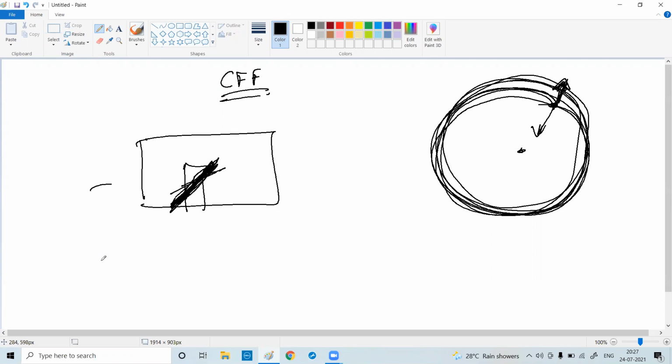Similarly, the centrifugal force arises from the body's inertia and appears to act on a body that is moving in a circular path, which is directed away. Write down the definition.